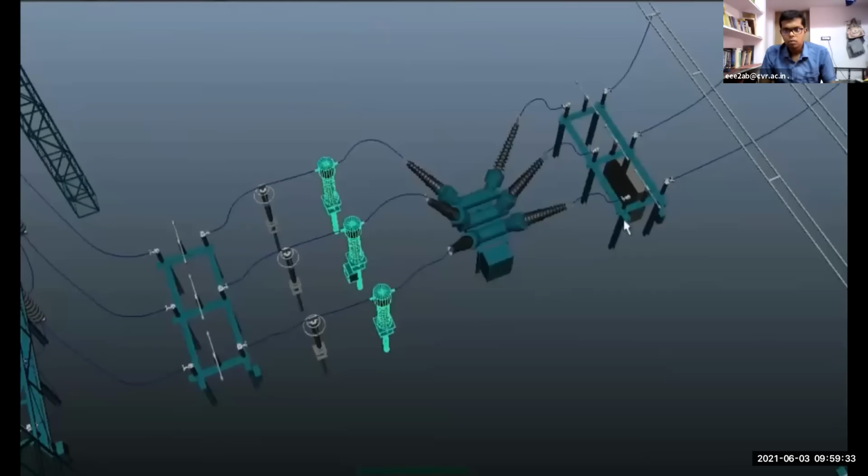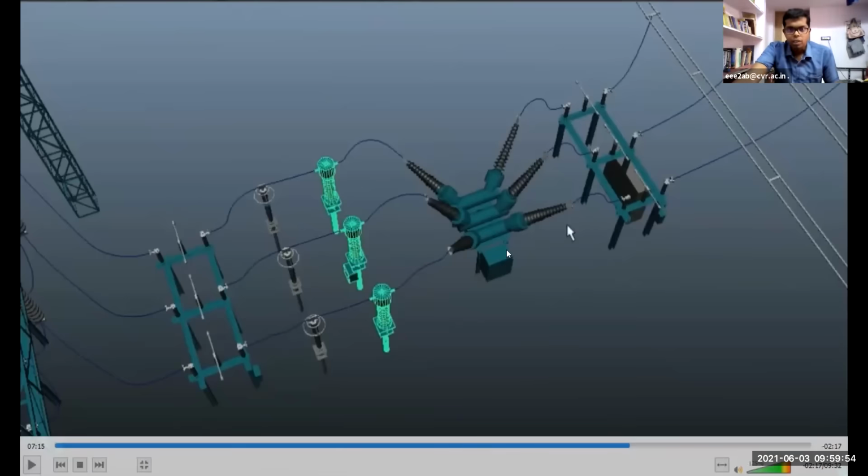These terminals are connected to earth so that even after opening, the remaining electric charge in the breaker goes completely into the earth. Otherwise, the maintenance personnel could get a severe electric shock if they touch the circuit breaker. This complete assembly is called a bay.